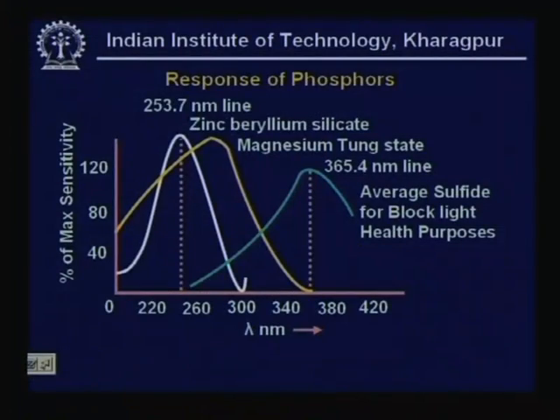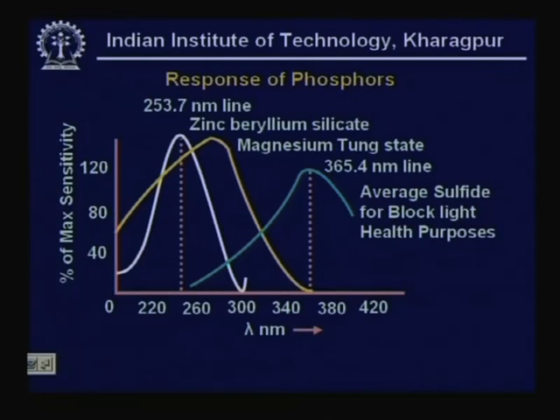Now, let us look at the picture which shows three different materials. The first curve has a peak sensitivity around the 253.7 nanometer line, which is zinc beryllium silicate.